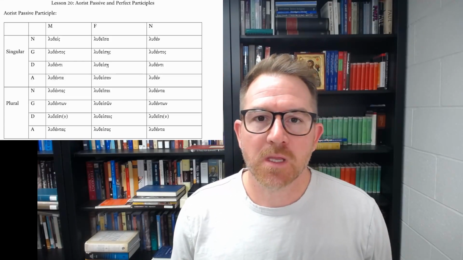Normally when you come across a verb with an epsilon prefix, the red lights are flashing and you go, oh, I'm looking at either an imperfect or an aorist. But in the case of the participles, you don't have that epsilon prefix. So you're looking at those endings, or the stem change, to determine what kind of verb you have. The aorist passive participle forms with no epsilon prefix.